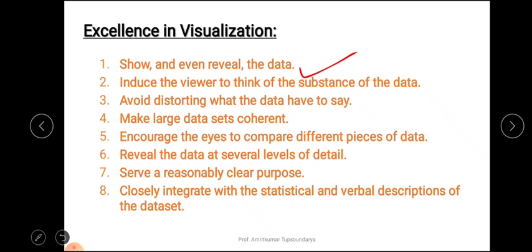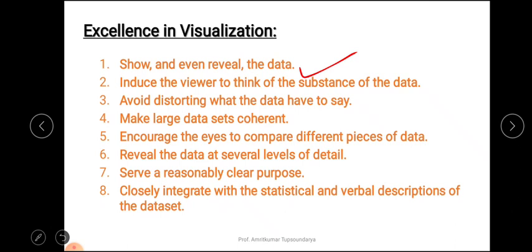The data should tell a story, especially a story which is hidden in large masses of data. However, reveal the data in context, so the story is correctly told and not misleading or inaccurate, right?